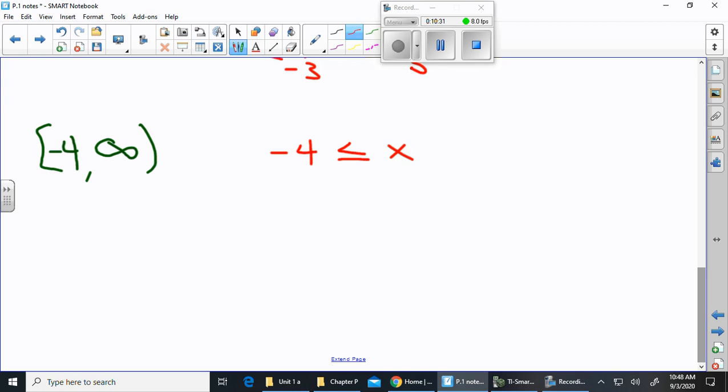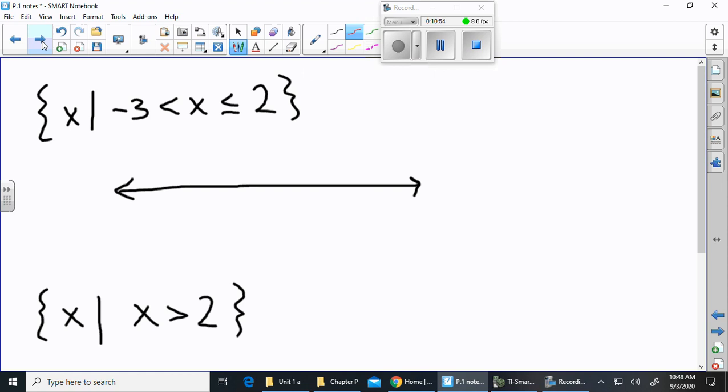X is bigger or equal to -4, but I could also say, hey, it's going to infinity. What does that mean on a graph? I start at -4. It's closed because of the equal sign. It's going to the right because it's going to infinity. So that is interval notation.